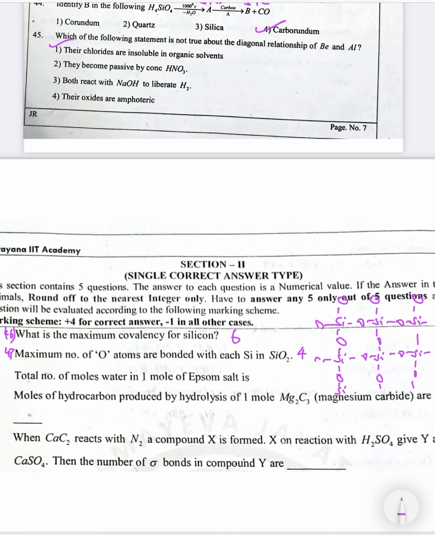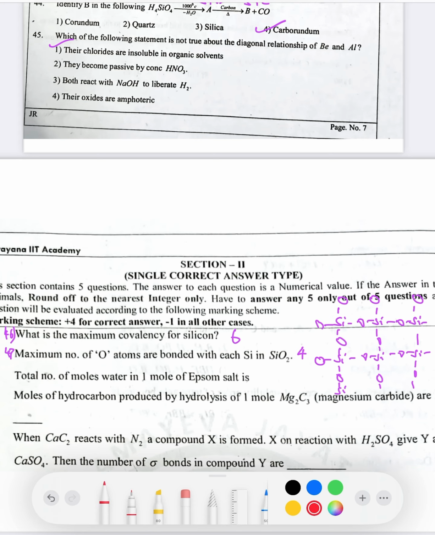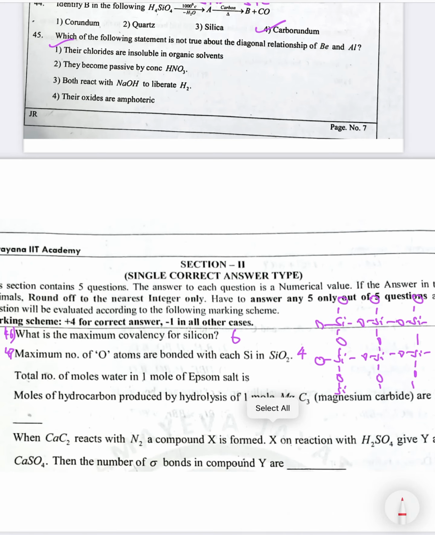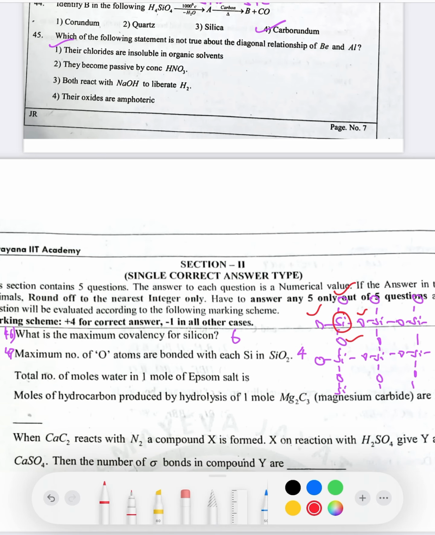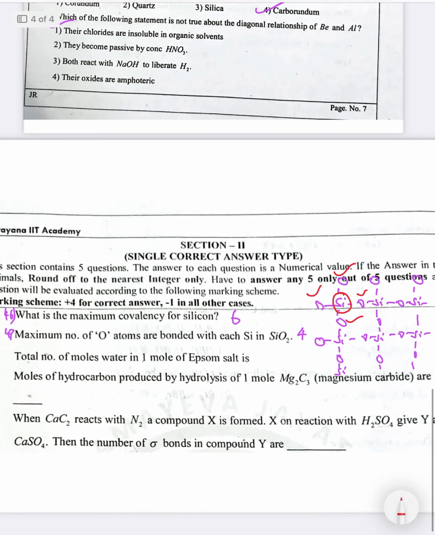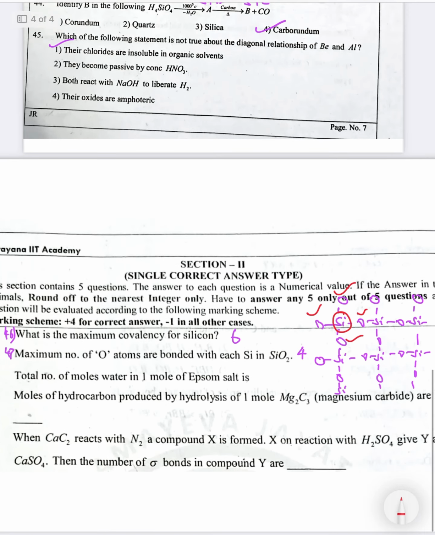See here, each silicon is surrounded by 4 oxygens. Here one, here one, here one, here one. So the answer is 4.